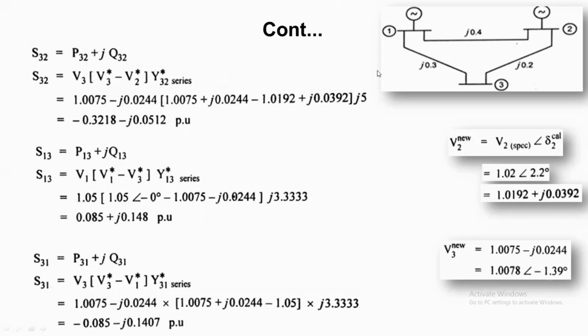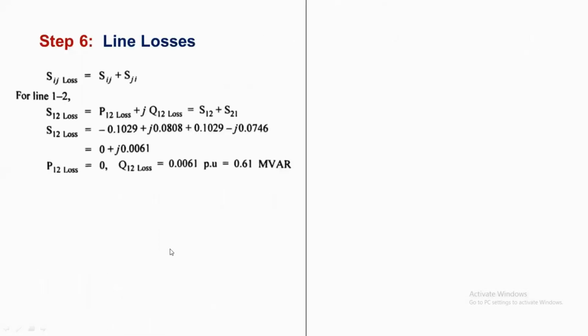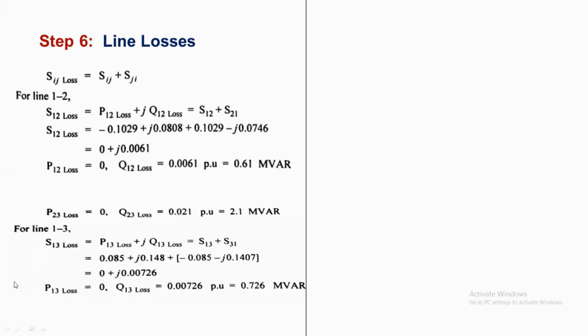Then finally line 3 to 1. The loss in this line is equal to S13 plus S31. Add these two answers, you get the line loss. Add and compare the real and imaginary parts, and we get the real power loss and reactive power loss.